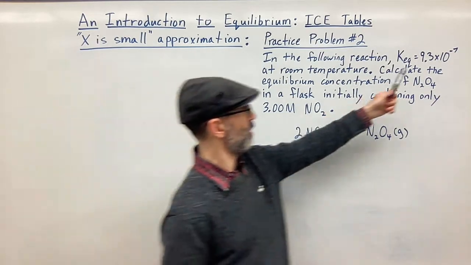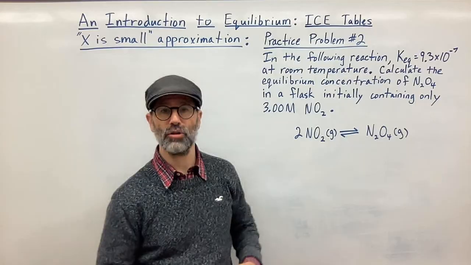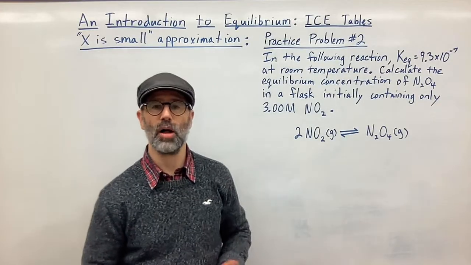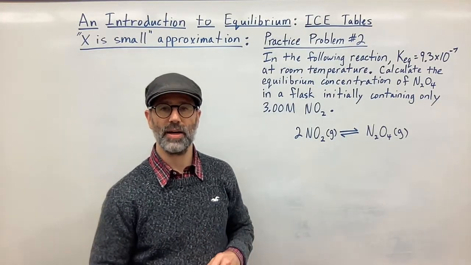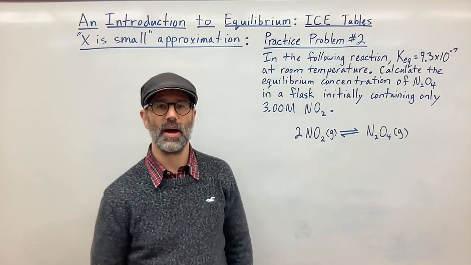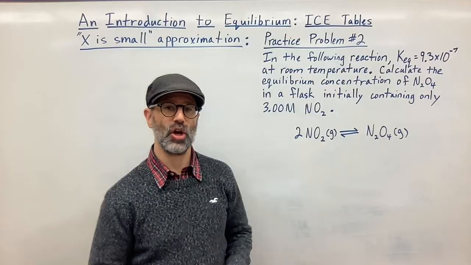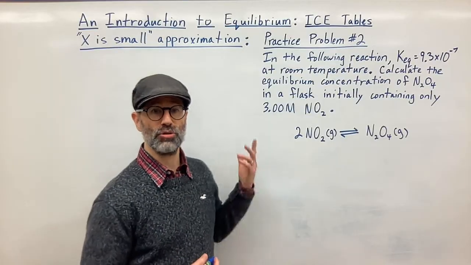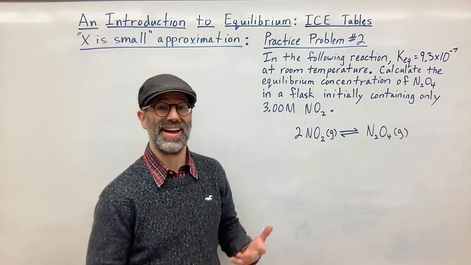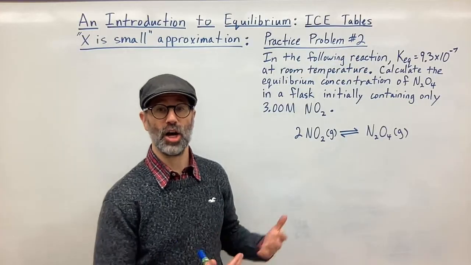Now, notice that the Keq they're giving us is very, very small. In my previous video, practice problem number 1, Keq was very large, so you couldn't use this approximation because your X, your change, was going to be very large.